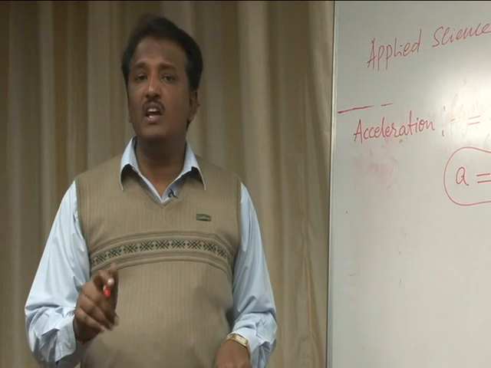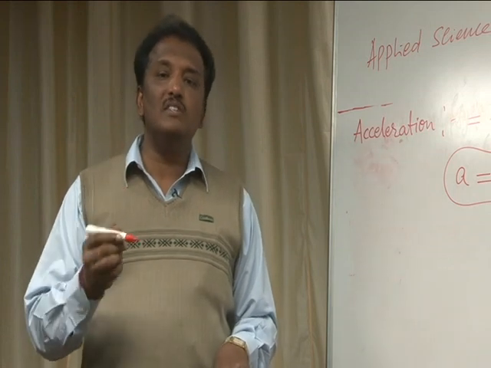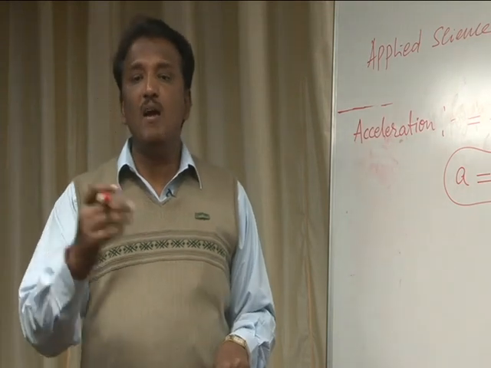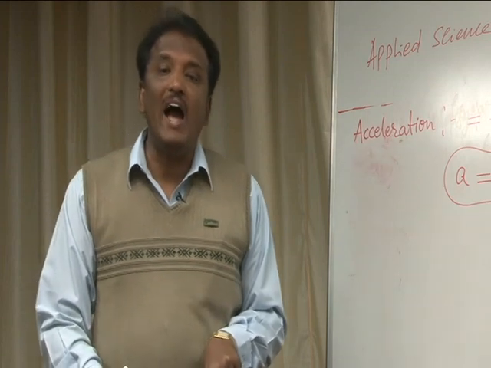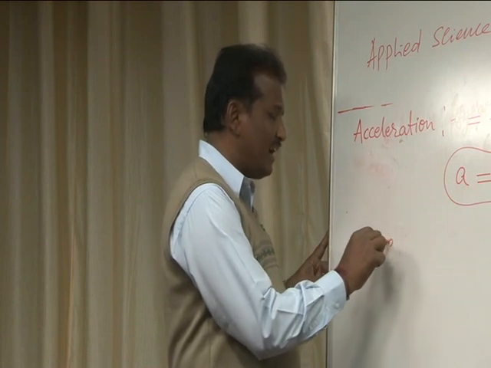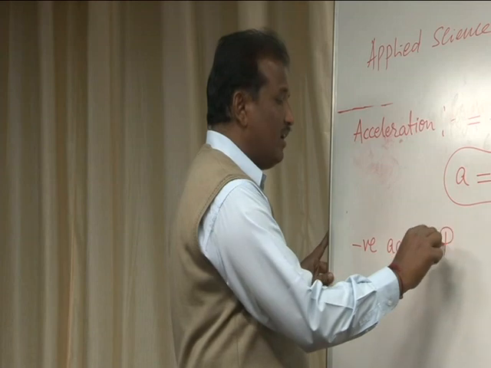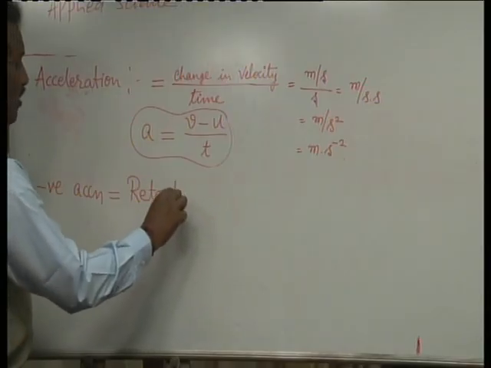More specifically, if the acceleration is attained by a body because of a decrease in its velocity, then the corresponding acceleration you can call a negative acceleration. This negative acceleration is called by a specific word, retardation.